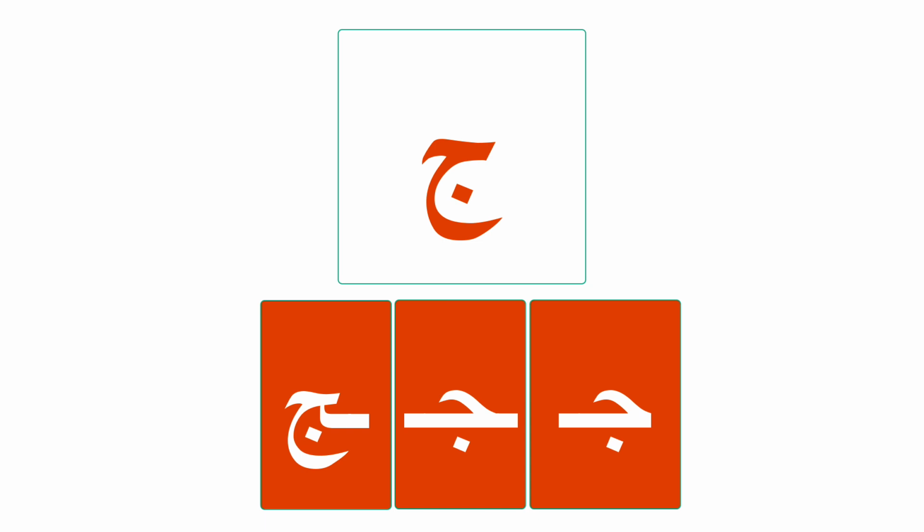The second question: how do we write the jim? Yes, exactly. The bar and the half circle connected to each other, and in the center of this half circle we have this dot. So it is jim.